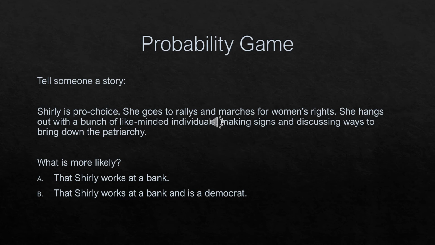Given this story, it seems likely that she's a Democrat, maybe that likelihood is 75% in this case. Well, if it's 1 out of 100 and 75%, in order to determine the probability of B, you have to multiply 1 out of 100 and 75 out of 100. And you're going to end up with an even smaller number. So on the basic rules of probability, anytime you have one thing happening, that's objectively more likely than that thing and something else happening.